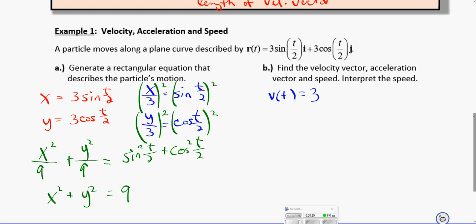The derivative of the sine of something is the cosine of the something times the derivative of the something. This is a vector, so I'm going to show that by putting an i. The derivative of 3 cosine t over 2 is negative 3 cosine t over 2 times the derivative of t over 2.